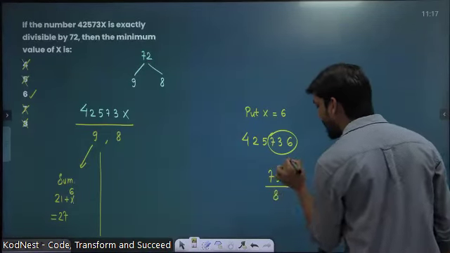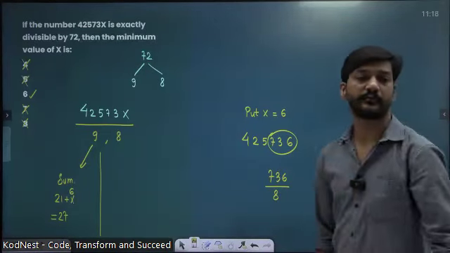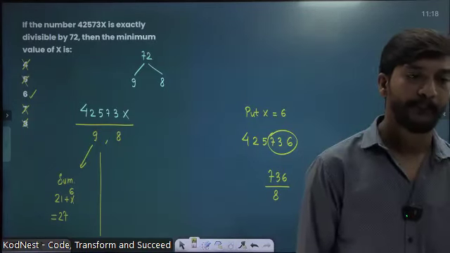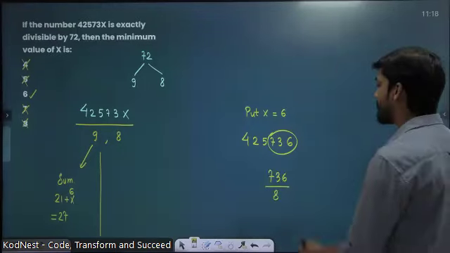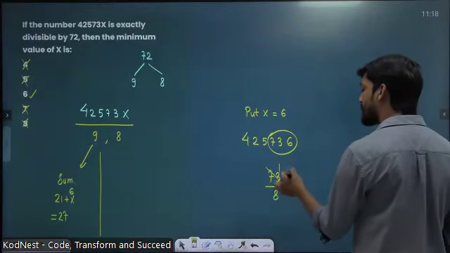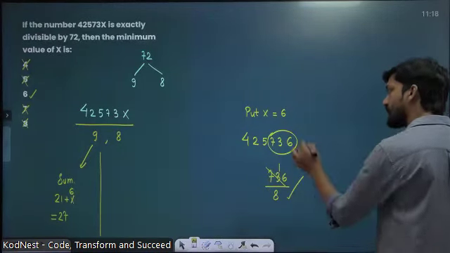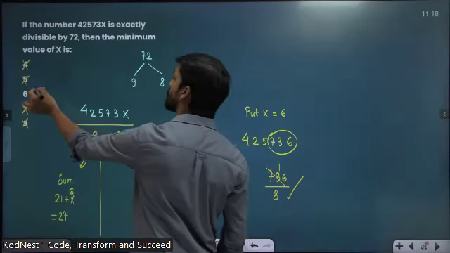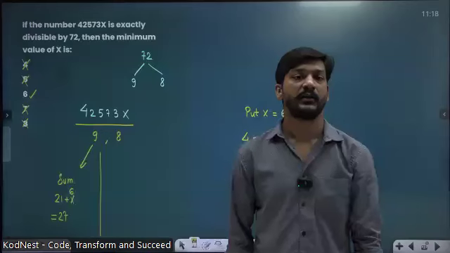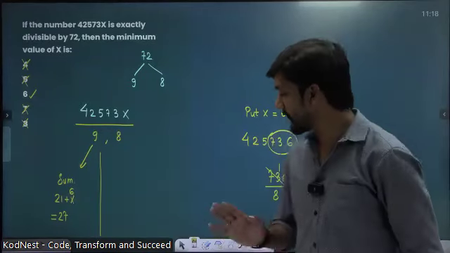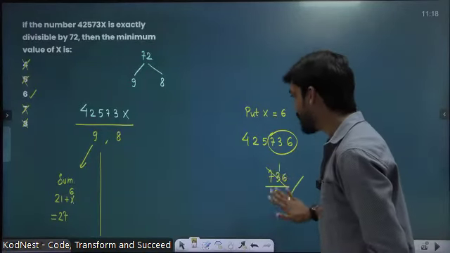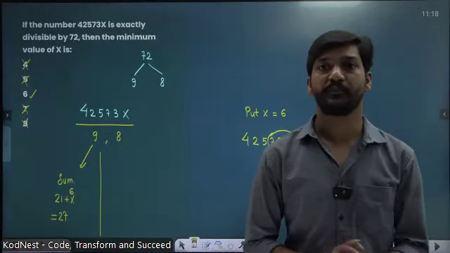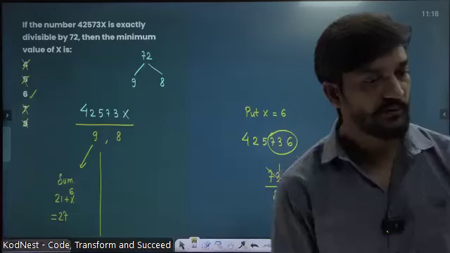Is it divisible by 8? Yes. 73 minus 72 is 1, 16 is divisible by 8. So yes, for x equal to 6, the number is divisible by 8 also. So this is your answer. But please remember, this is not required. It is not necessary. You can do it, but not necessary. Understood or not? Please confirm.